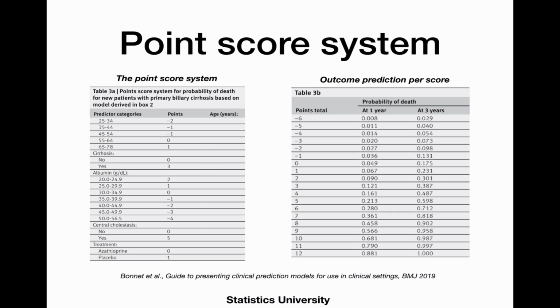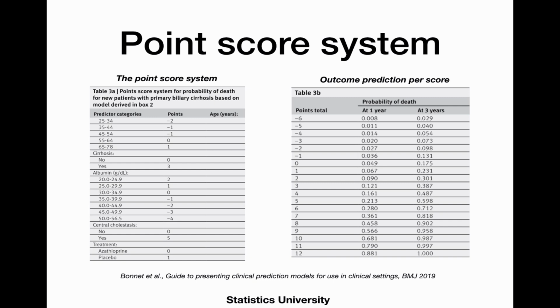And the basic idea here is that you want to develop a figure or another sort of tool that lets the clinician intuitively calculate a probability of outcome on the basis of their individual patient's values for the variables in the prediction model. And to do this, you need to award certain weight to the values in the variables based on the regression coefficients.